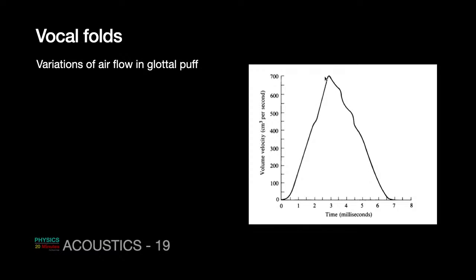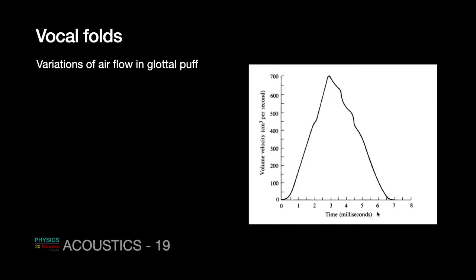As the pressure starts dropping in this region, a point comes when the vocal folds close down, and when they start closing down, the volume velocity decreases. At around 7 milliseconds, or slightly over 7 milliseconds, it completely closes down. So that completes one cycle of vibrations.